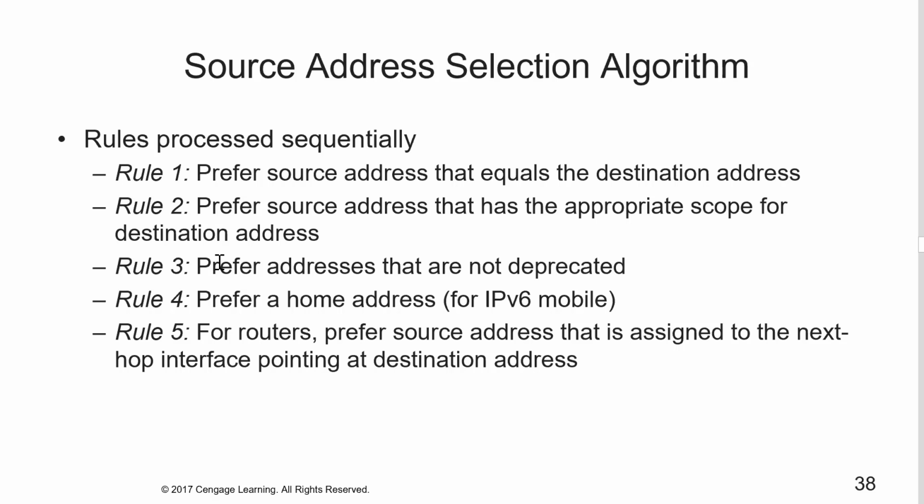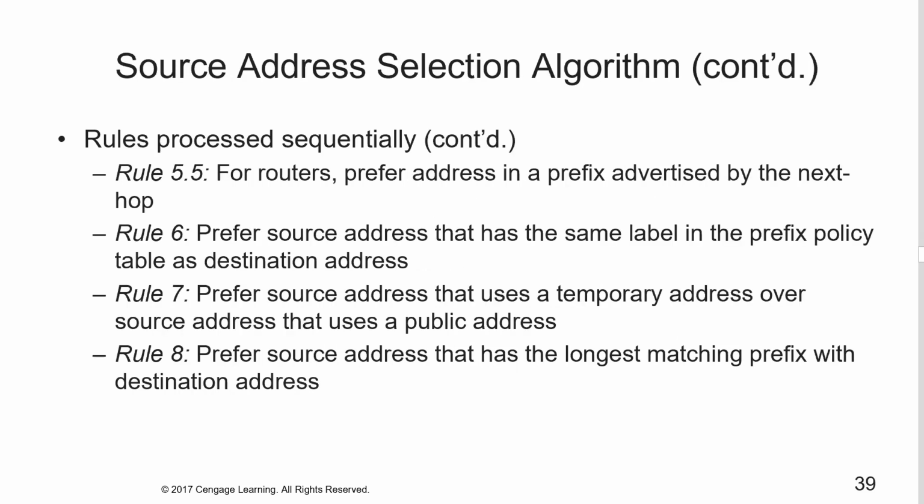Rule 5, for routers, you're going to prefer a source address that is assigned to the next hop interface pointing at the destination address. Rule 5.5, for routers, you're going to prefer addresses in a prefix advertised by the next hop. Rule 6, you're going to prefer source addresses that have the same label in the prefix policy table as the destination address.